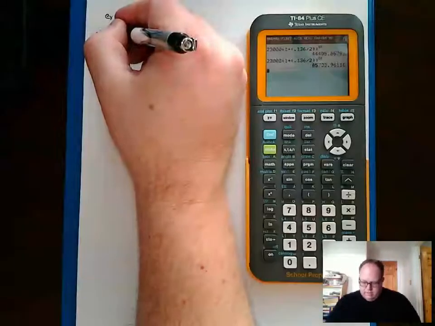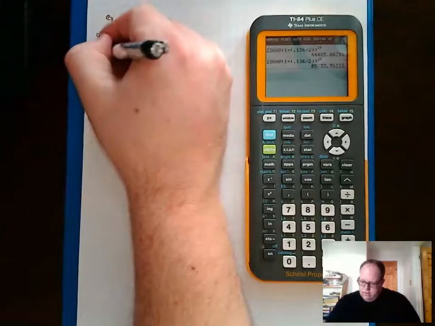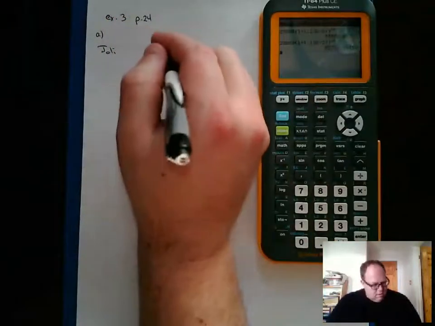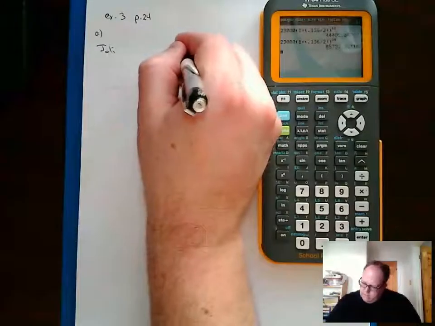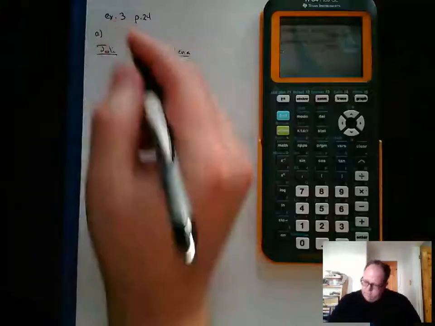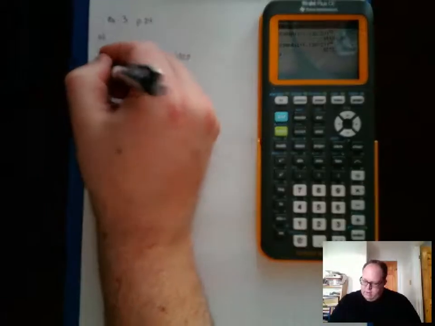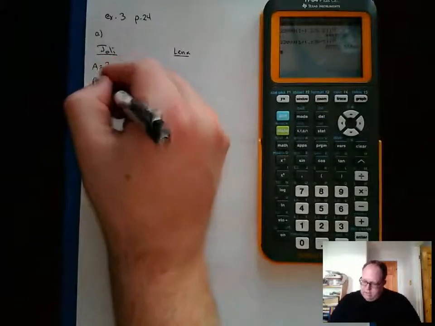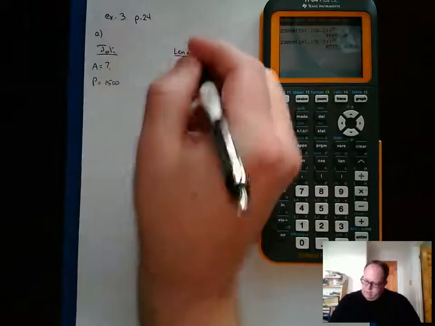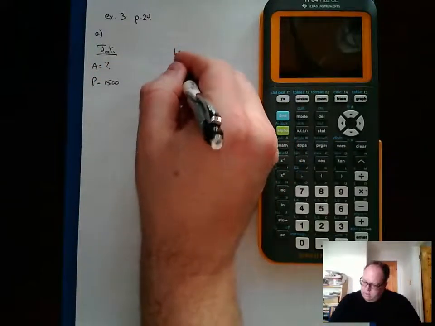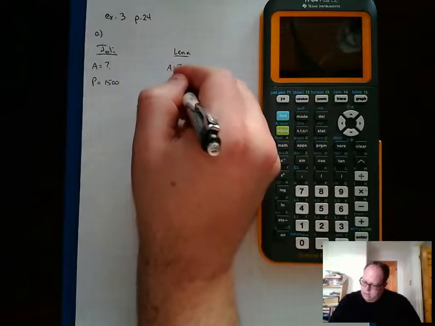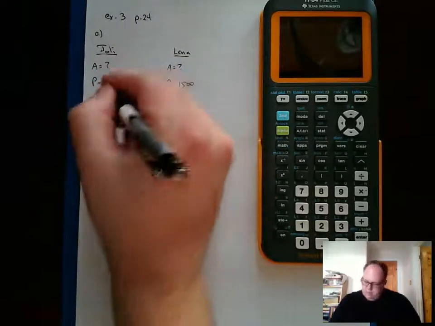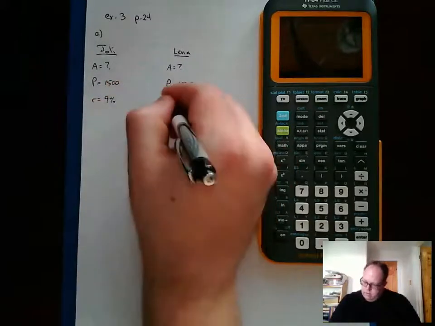And if I look at both women involved, Jolie and Lena, in each case I want to know what the future amount is. In each case the principal is $1,500. In each case the investment rate is 9%, the annual rate.